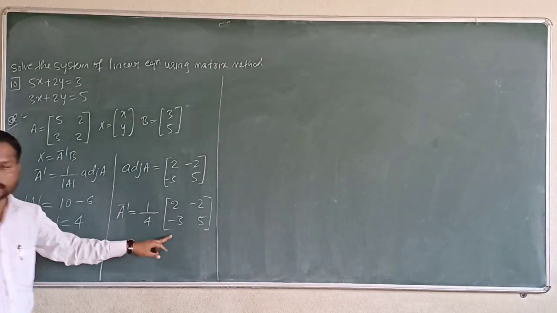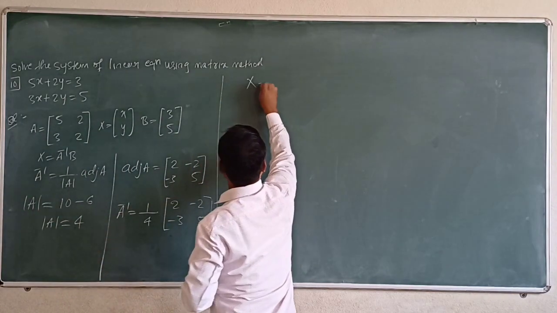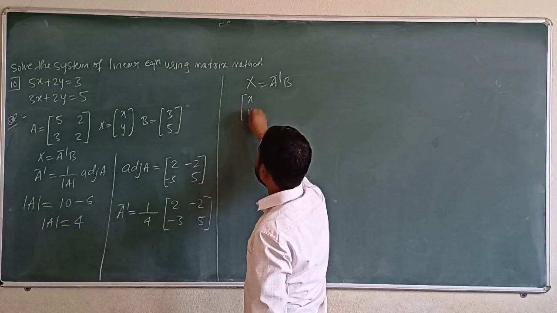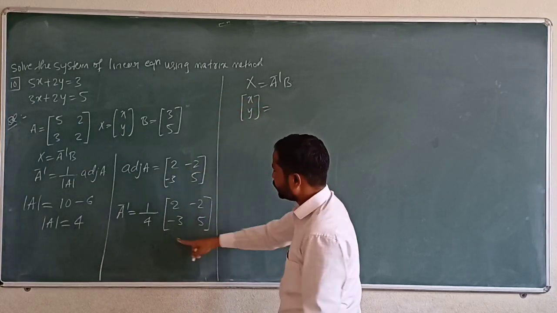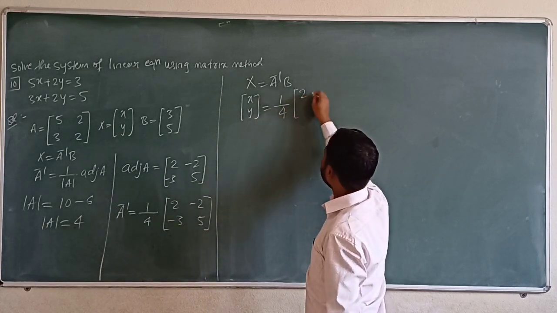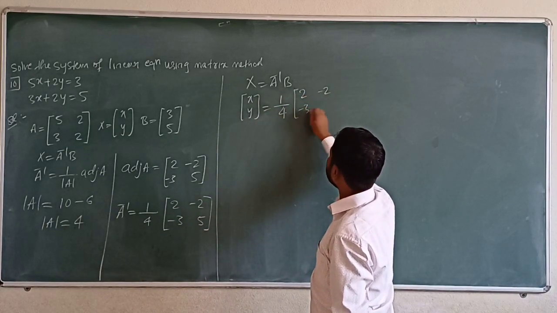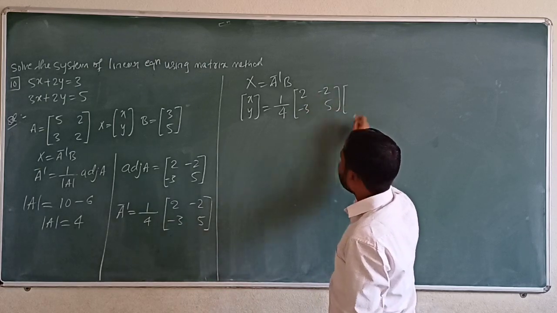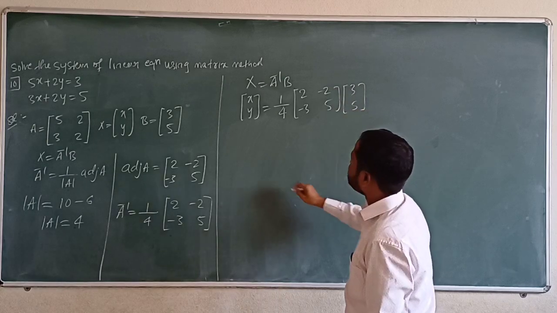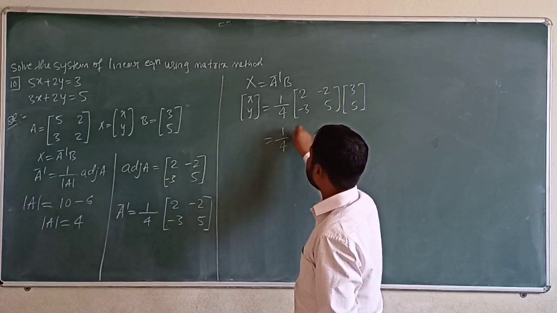Take X is equal to A inverse into B here. X, meaning variables, is equal to the A inverse answer, 1 by 4 into 2, minus 2, minus 3, 5, into B, meaning the 3 and the 5. 1 divided by 4, keep as it is.